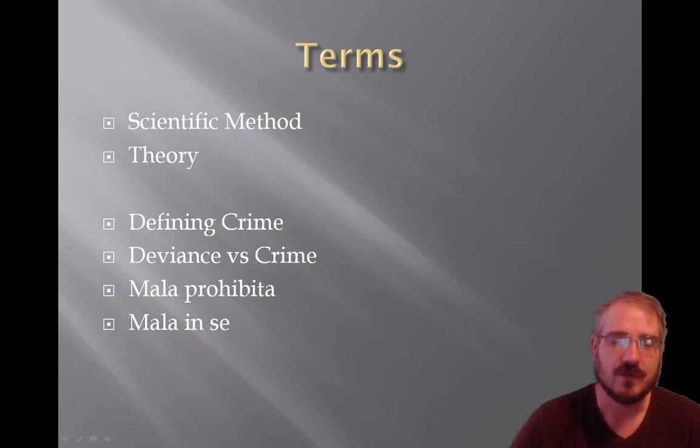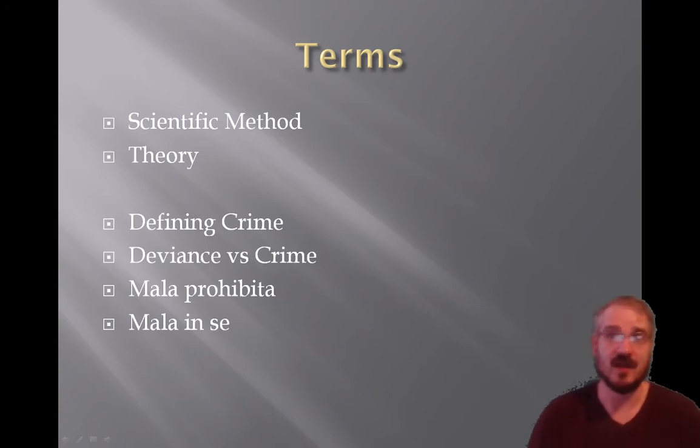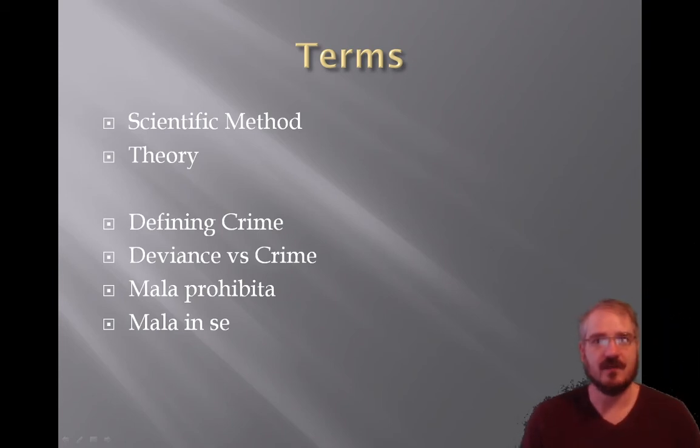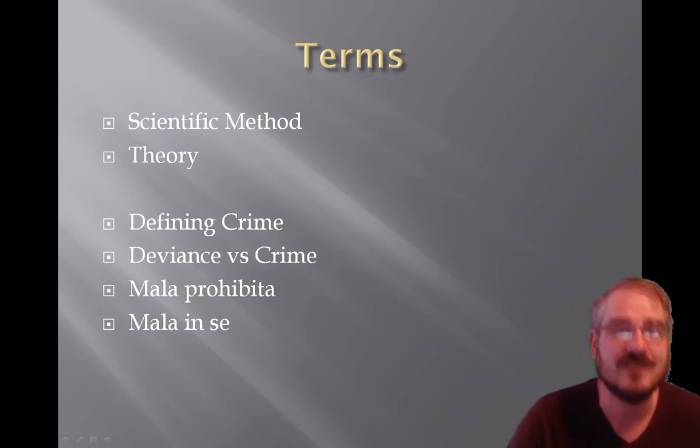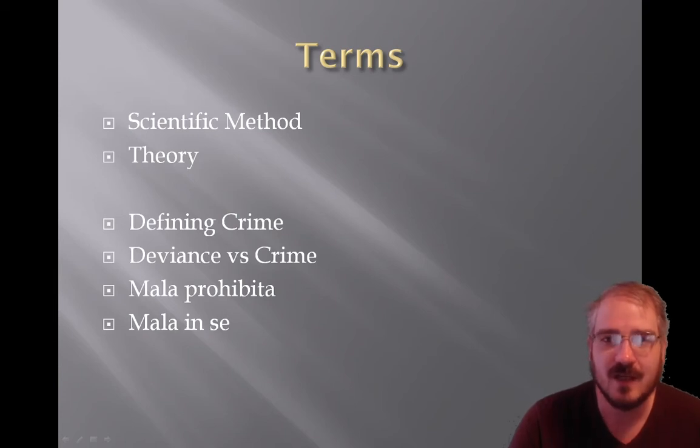So the first thing we have to understand is that when we're determining which of these answers to why do people commit crime is the most true, I guess you could say, is reflected the most in the real world, we have to use the scientific method, where we generate a hypothesis, design a plan to research it, accept or reject the hypothesis, and then use that to further either develop or refine a theory.